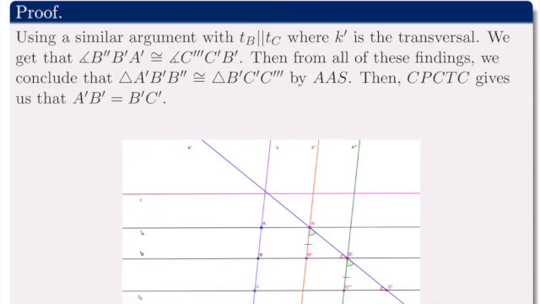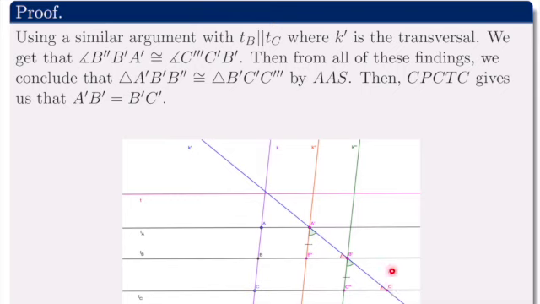So we found that these green angles are the same, and these red angles are the same. From all this, we can conclude that the triangles A prime, B prime, B double prime and B prime, C triple prime are in fact congruent. That's from our angle-side congruency theorem, where we have the red angle, the green angle, and then this segment A prime B prime.